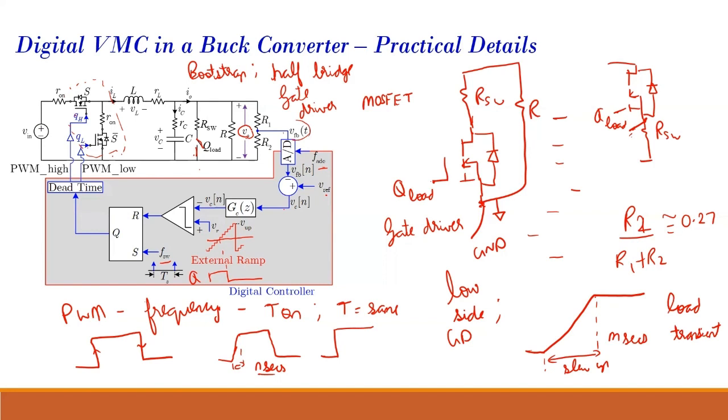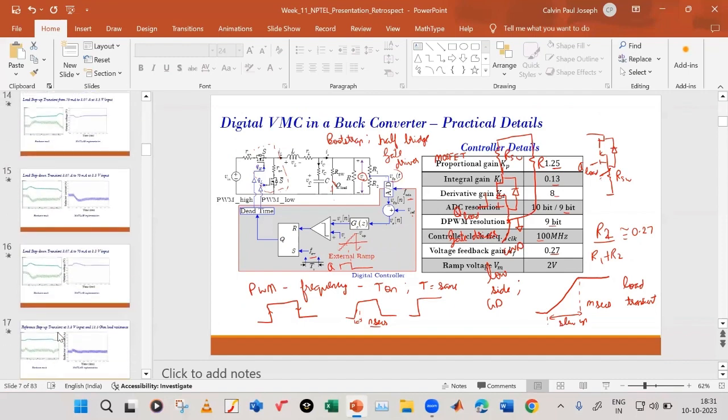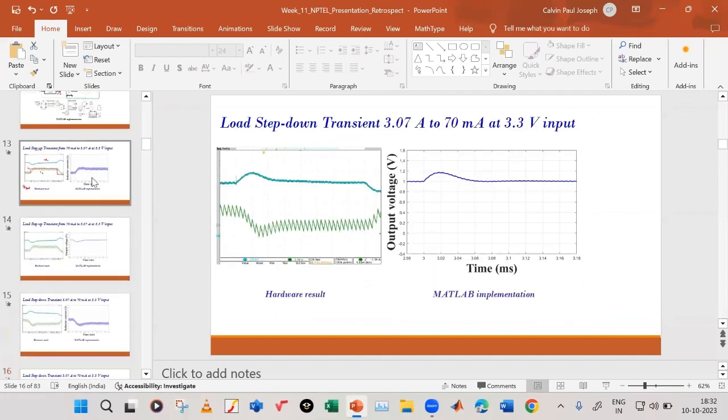It is supplying power, and that power should be at a certain voltage. The output voltage should be fixed, it should be regulated. That is why whenever certain disturbances occur, it should be able to reject those disturbances. That is load transient.